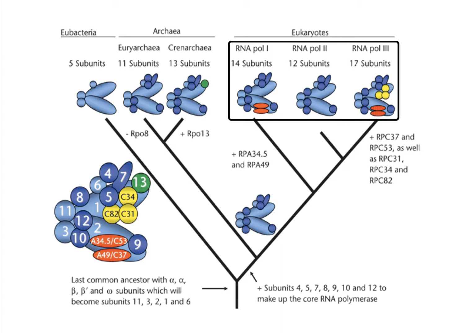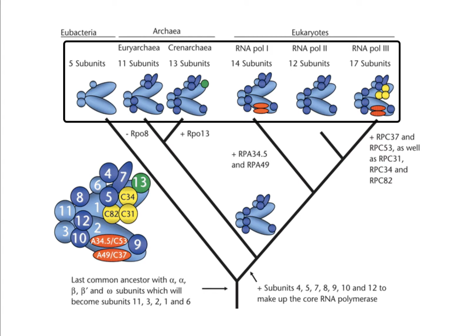And again, RNA pol 1 transcribes the main ribosomal RNA genes. Pol 2 transcribes mRNAs. And pol 3 transcribes tRNAs and other small RNAs. And again, these are all related evolutionarily. The main differences are in the different protein subunits that have been added over the billions of years of evolution.